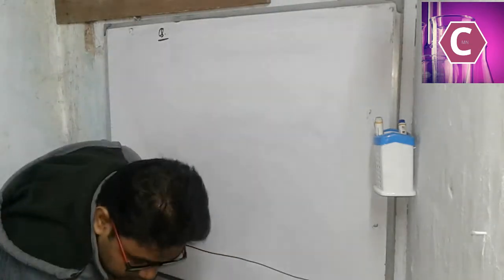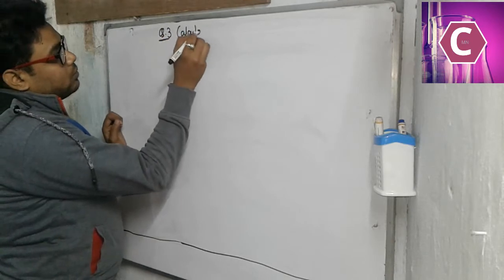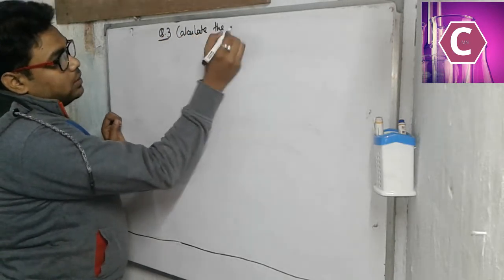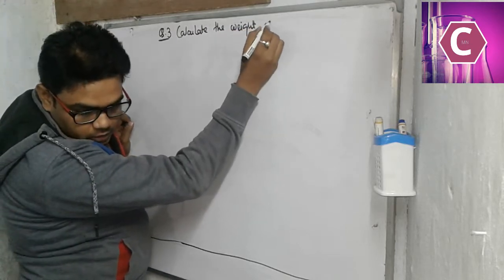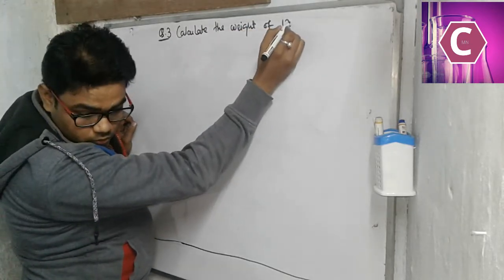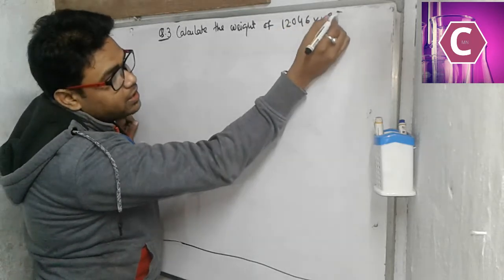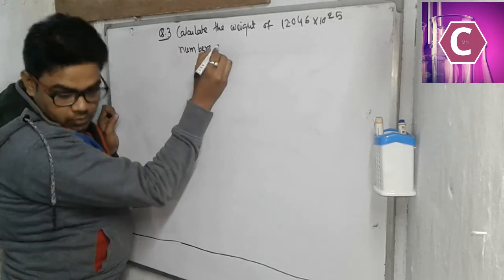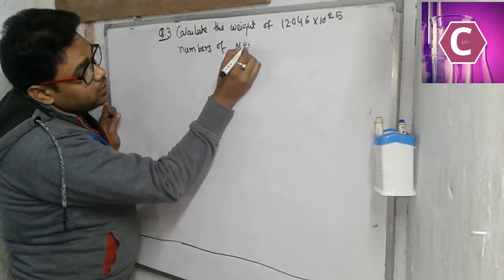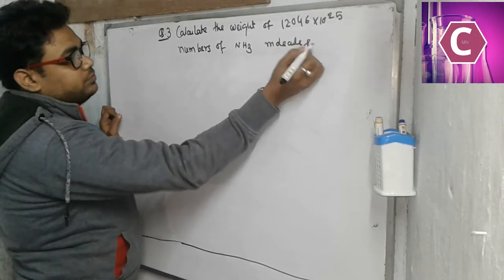Question number 3 is: calculate the weight of 12.046 into 10 to the power 25 numbers of NH3 molecules.